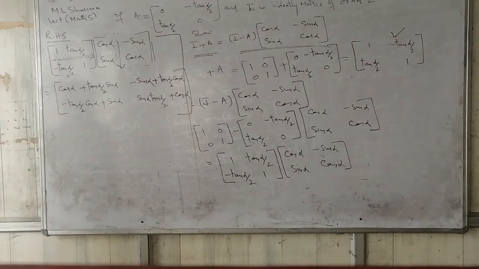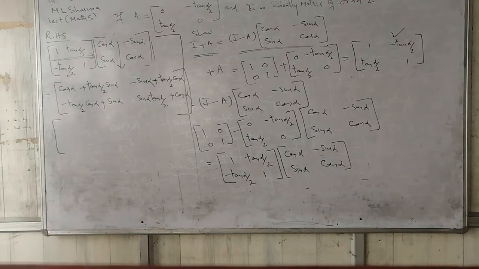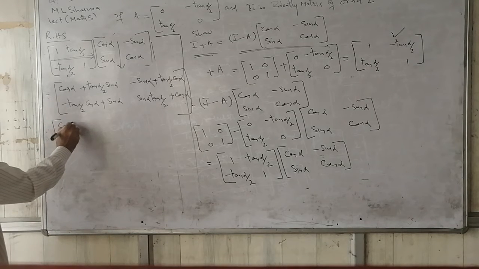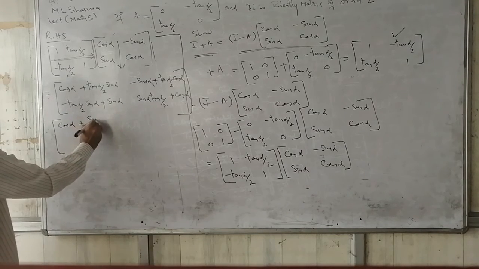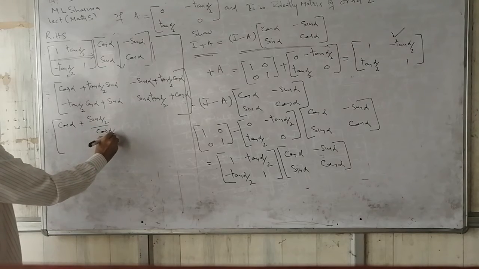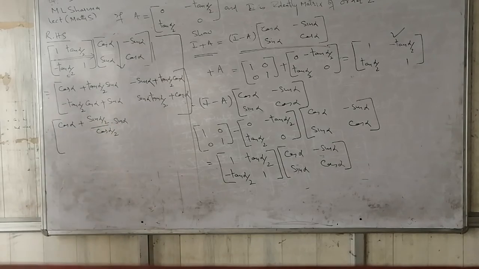Here I can simplify: cos alpha as it is. This tangent alpha by 2 I can write as sin alpha by 2 over cos alpha by 2, into sin alpha.